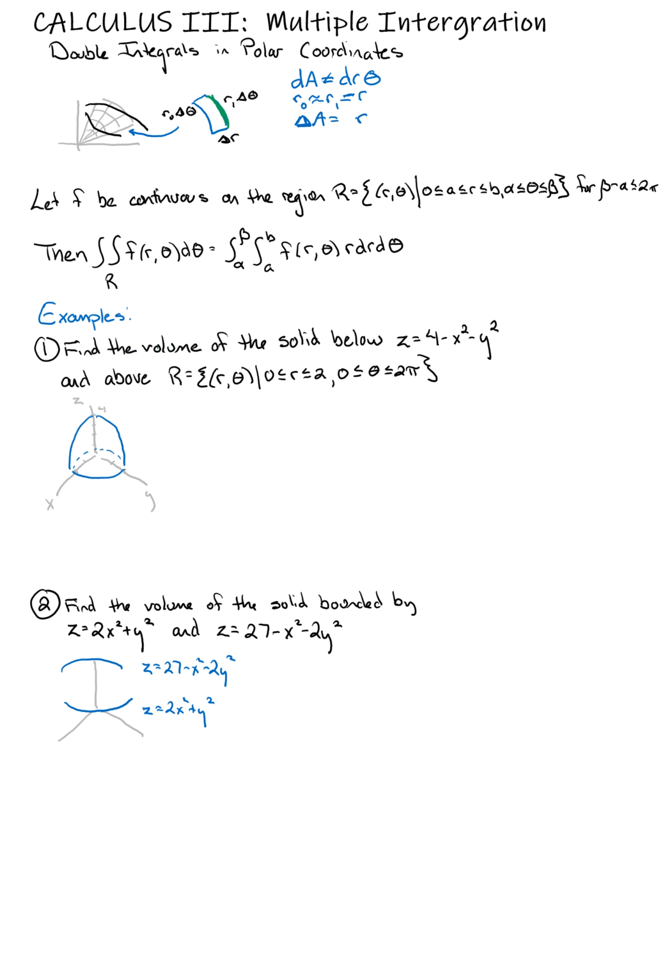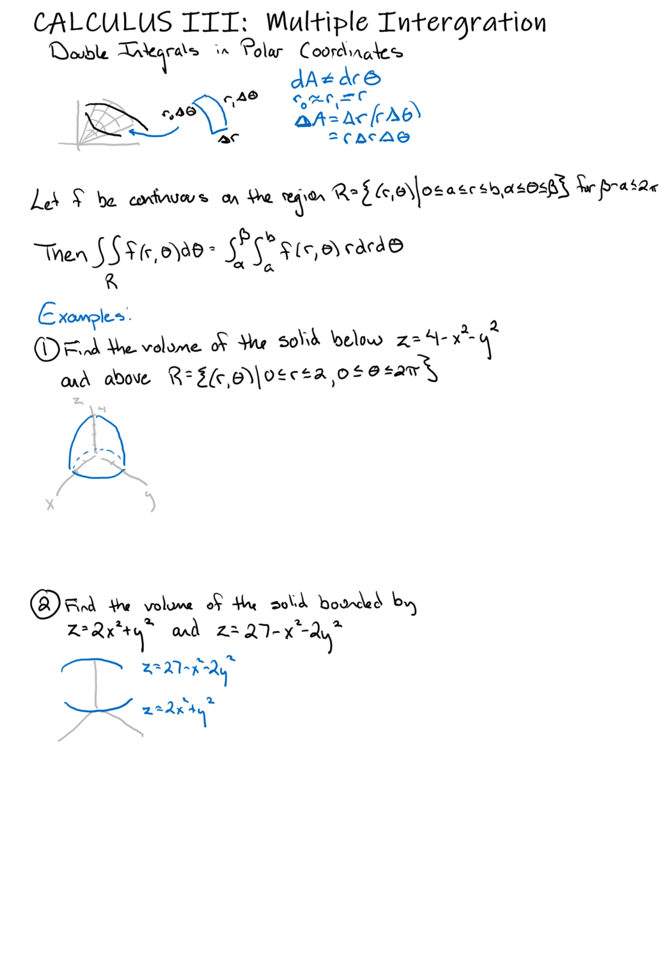The change in length is either r naught delta theta or r1 delta theta, but since those are the same, it'll be delta r times r delta theta, which I'll write as r delta r delta theta.